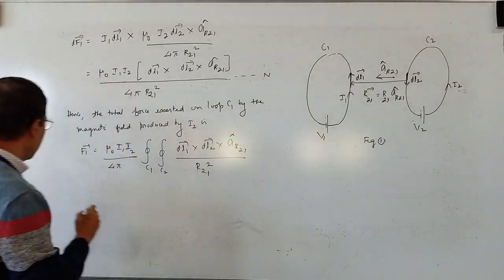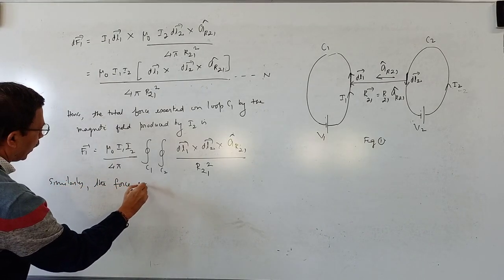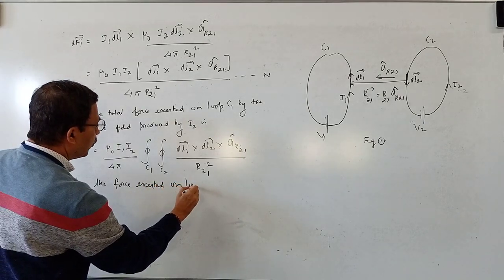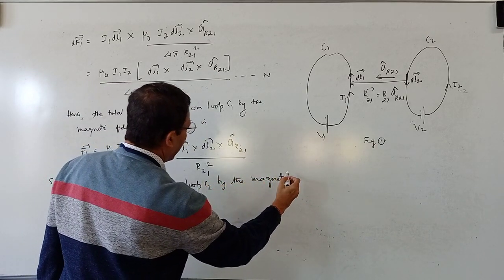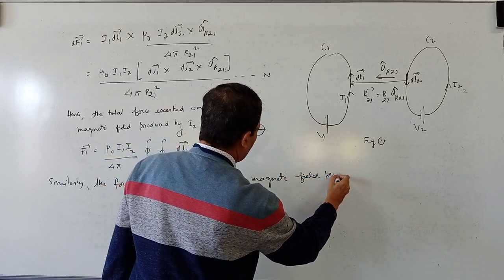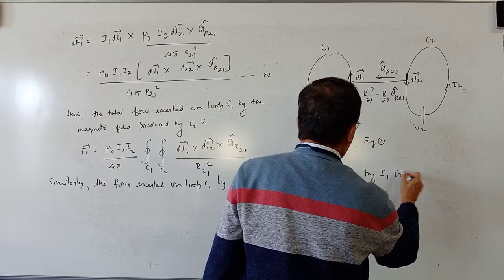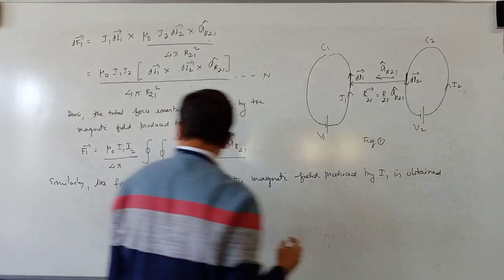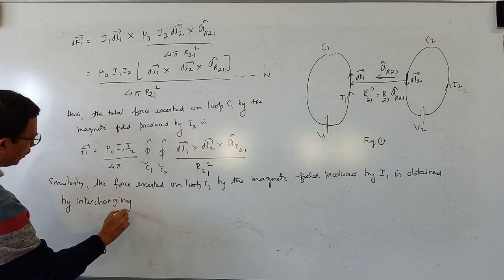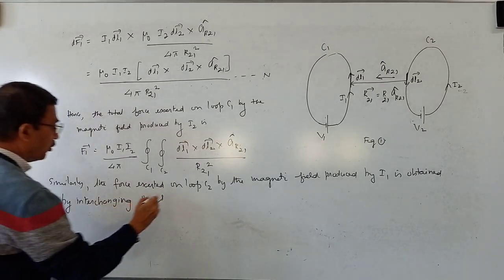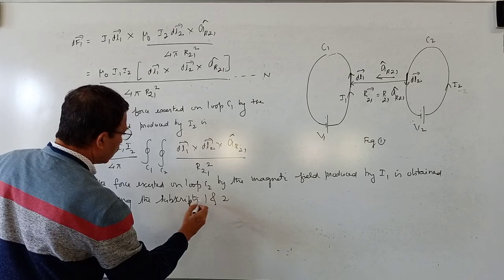Right? Similarly, the force exerted on loop C2 by the magnetic field produced by I1 is obtained by interchanging subscripts 1 and 2.